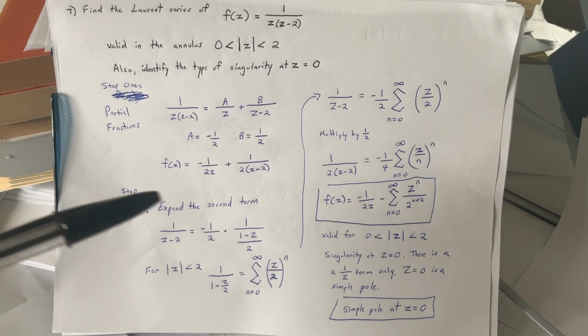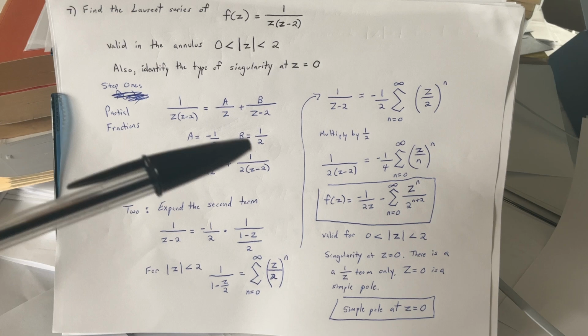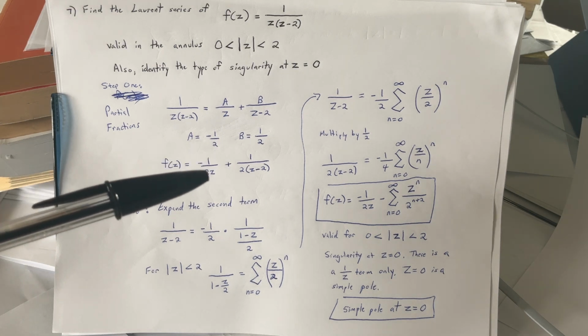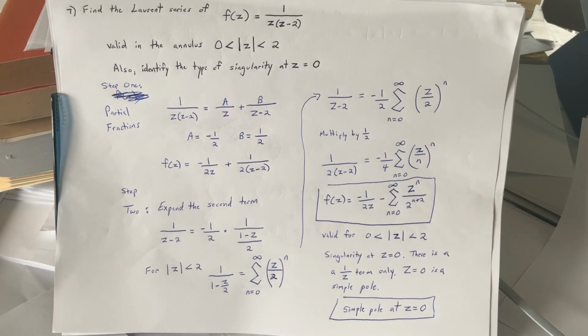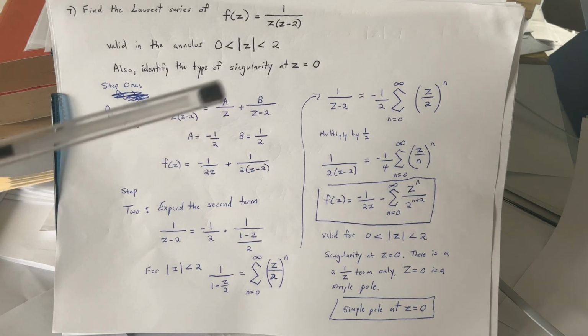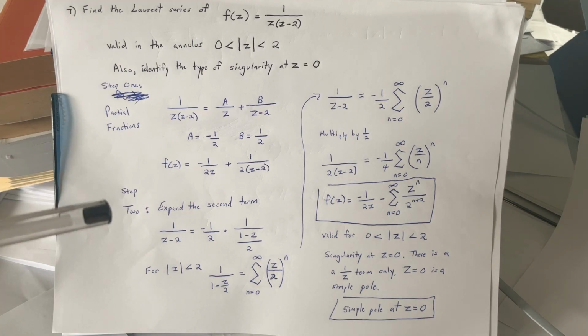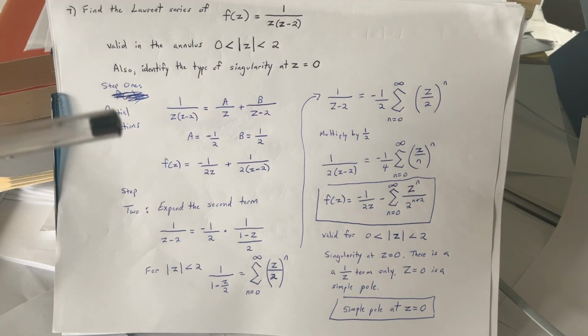A is equal to -1/2, B is equal to 1/2. So f of z equals -1 over 2z plus 1 over 2 times the quantity z minus 2. I skipped a couple of steps there, but that's from Calc 2, partial fractions, and you may have seen it in other courses.